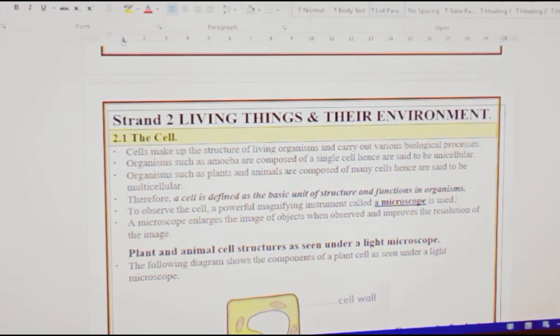So we want to move on. Today we are going to be discussing also the plant and animal cell, the structure, when seen under a microscope.